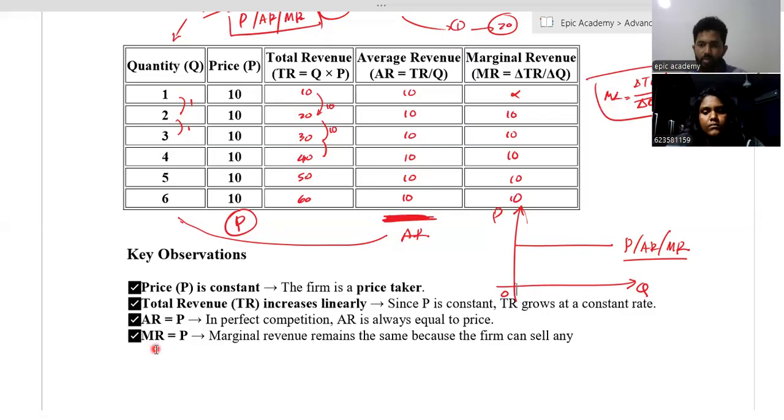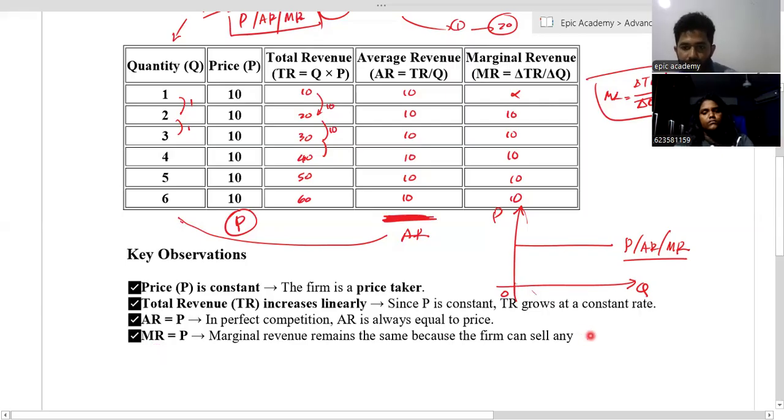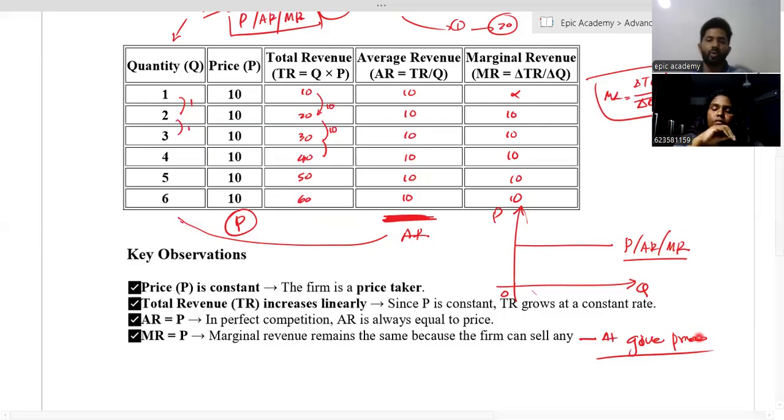Marginal revenue remains the same because the firm can sell any amount of the production quantity at a given price. Whether it is marginal or total, the same price is there, so the revenue per unit cannot change. Marginal revenue also takes the same value as average revenue and price.